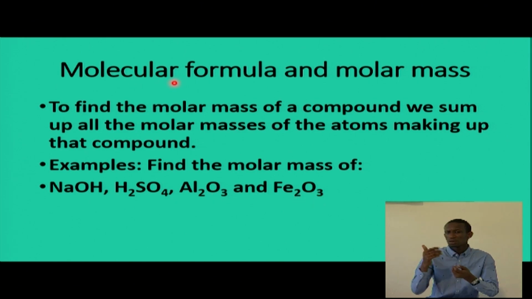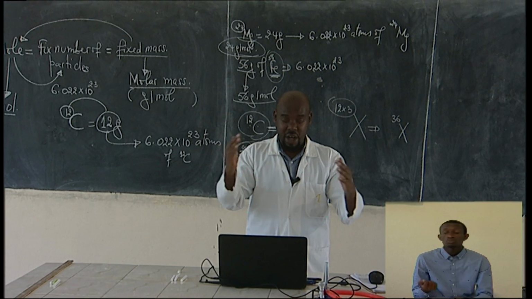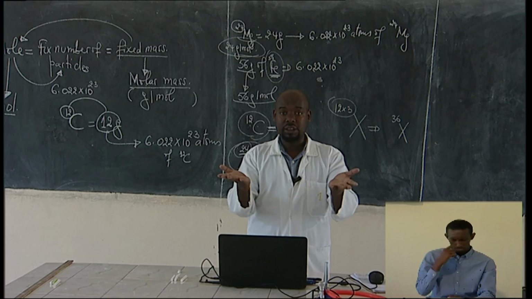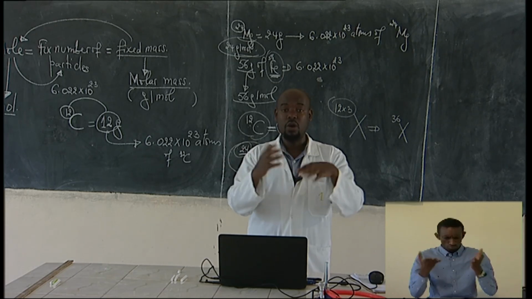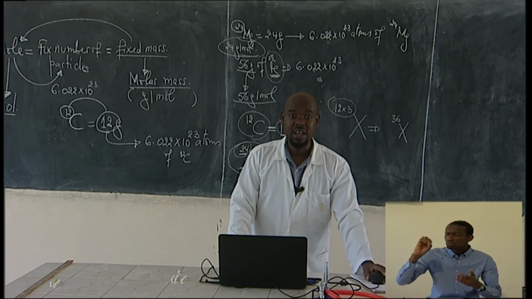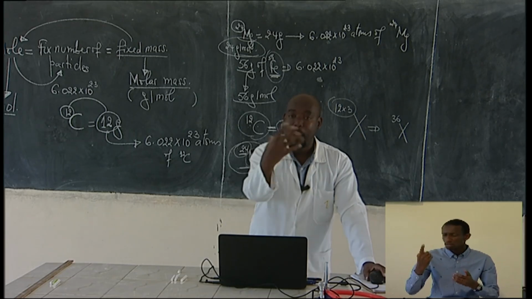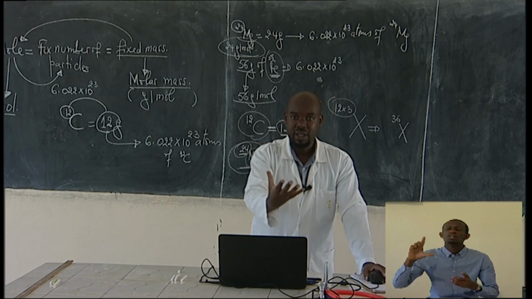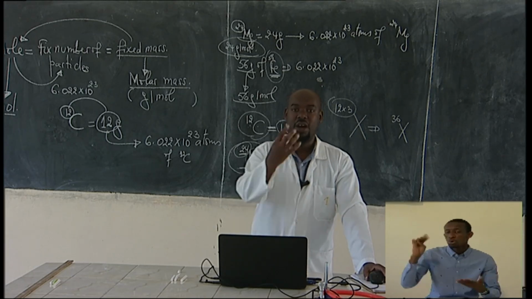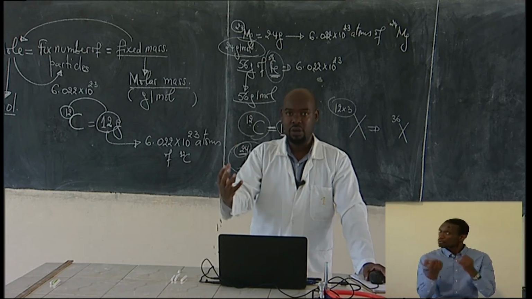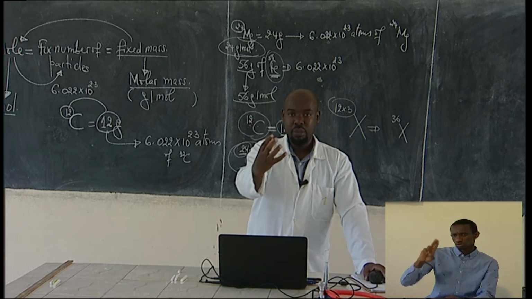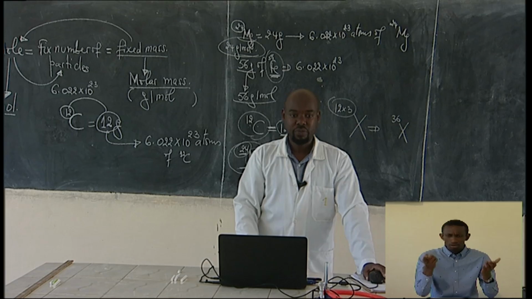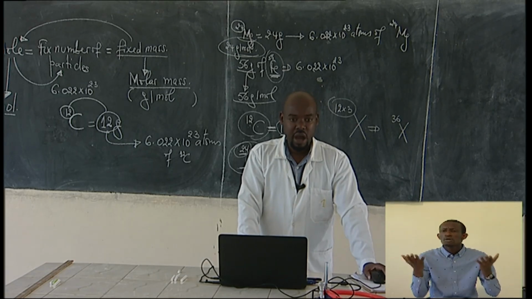So when you have 1 mole of an element, you can determine its molar mass. But when you have one mole of molecules, you can determine the molecular mass or the molar mass of that substance. When you have 1 mole of a molecule, what will be the mass of that mole of molecules? How do we work it out?